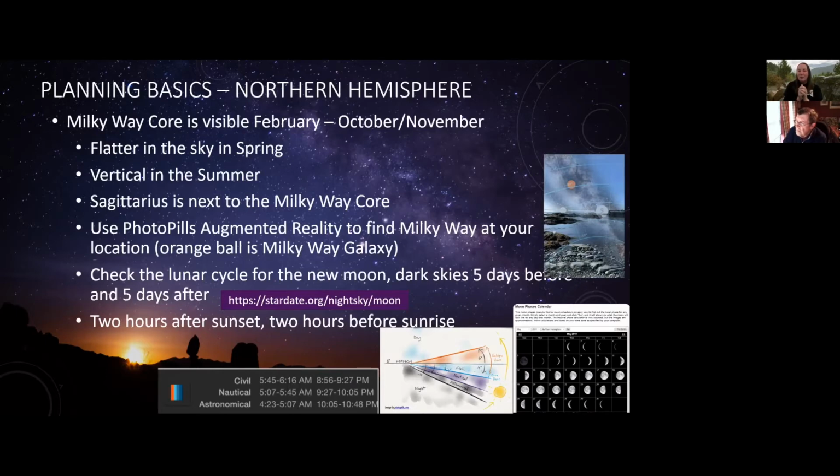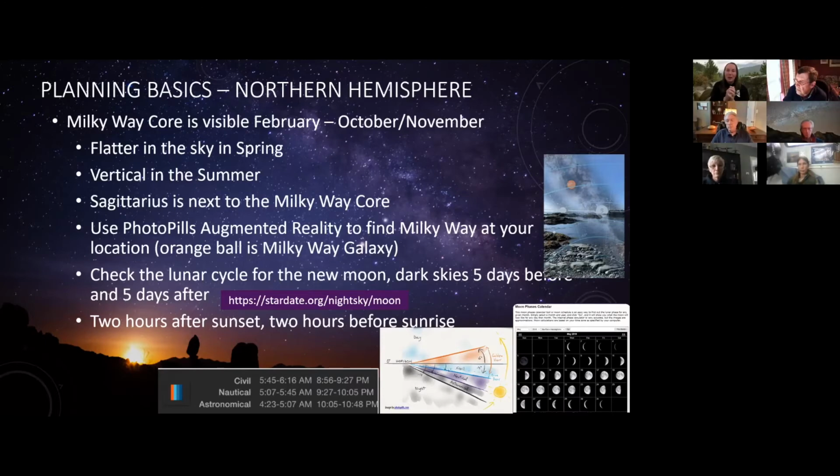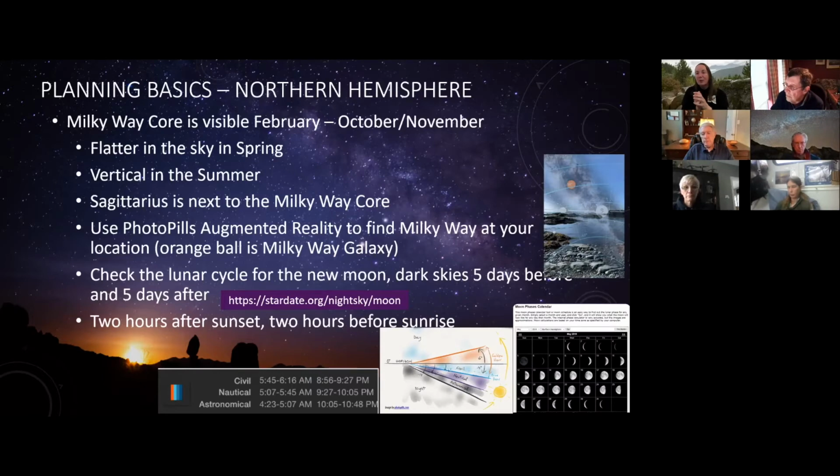And time-wise, when is the optimum time? 2 hours after sunset, 2 hours before sunrise. That's because that's when you have astronomical time. Astronomical time refers to how far the sun is below the horizon. At astronomical, the sun is far enough away from the horizon that it is not affecting the sky at all.